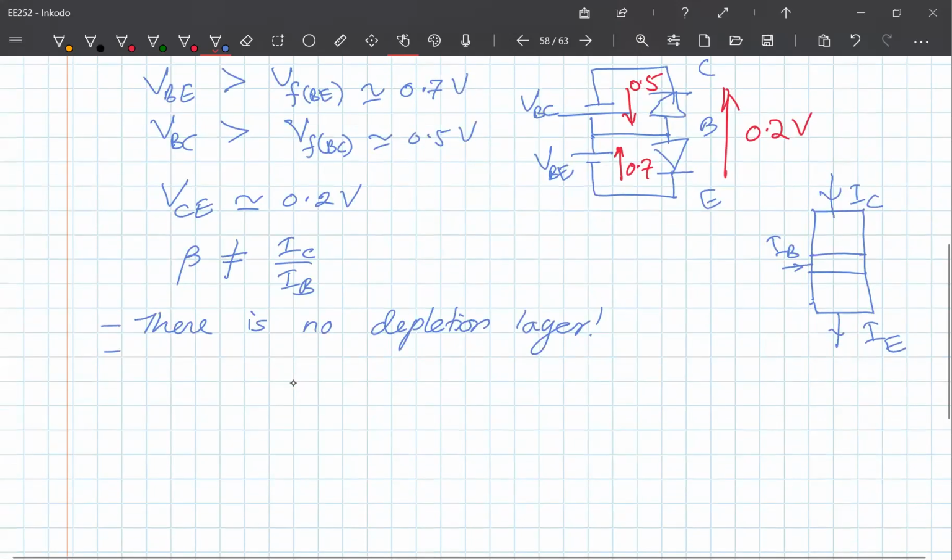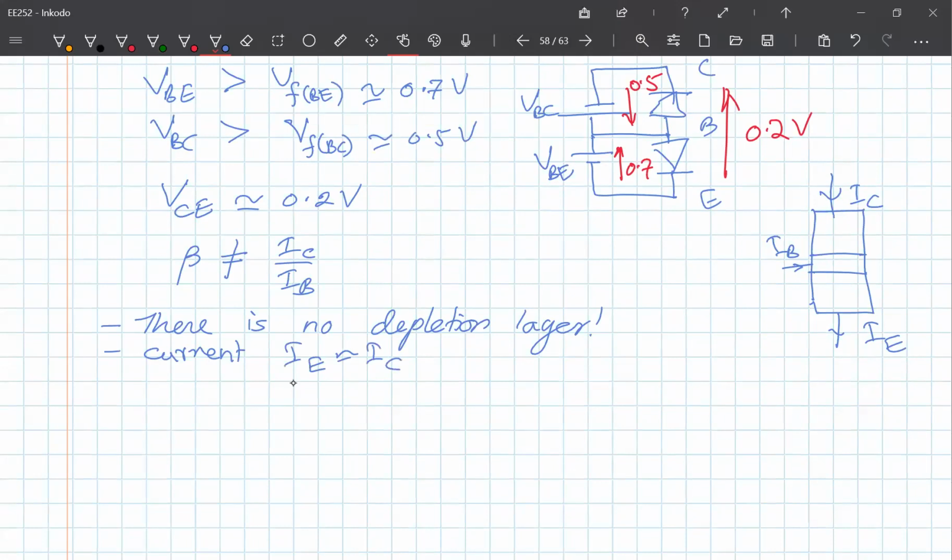Current IE is roughly equal to IC, and here it is determined by the external circuit. That is the important thing: this value is determined by the external circuit.